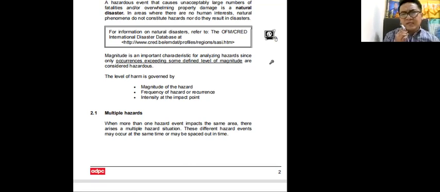Pero pag multiple hazard, pwedeng ito mangyari. Earthquake. After ng earthquake, nagkaroon ng tinatawag natin tsunami, aftershocks, pwede magkaroon ng property damage, pwede magkaroon ng mga fire, yung mga sunog, kasi nga nagkaroon ng mga leakage. So bagay po na makita po natin pagdating sa ating tinatawag na hazard.